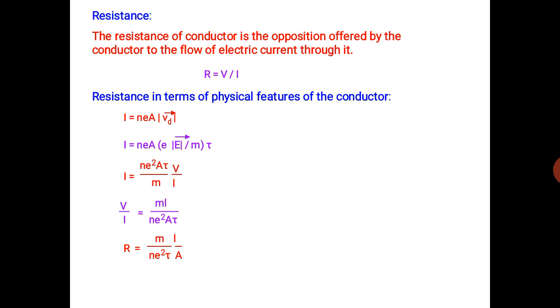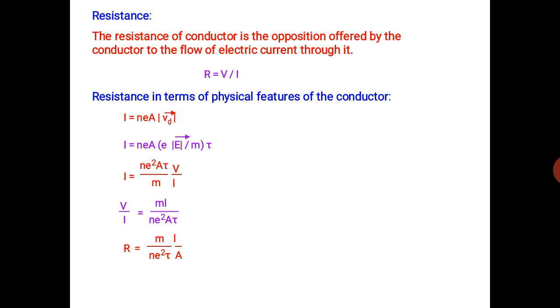Here these are constants: m is the mass of the electron, n is the electron density, e is the charge of the electron, and tau is the relaxation time, into L upon A.